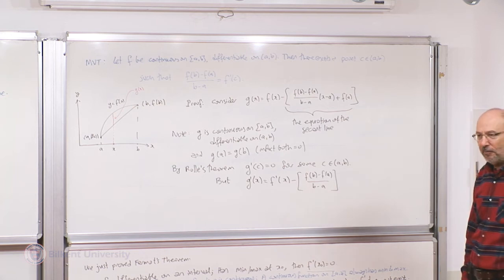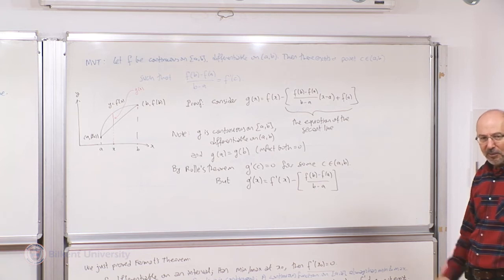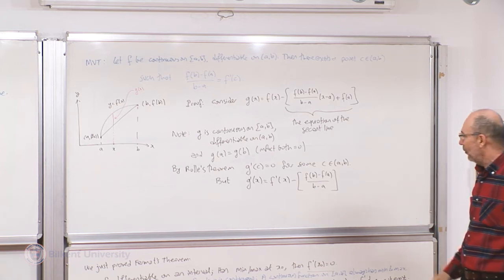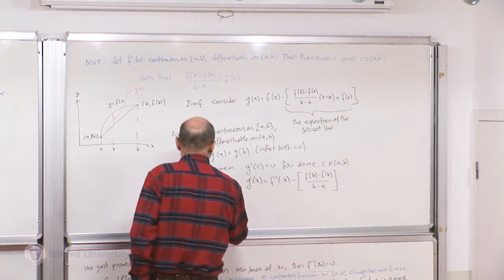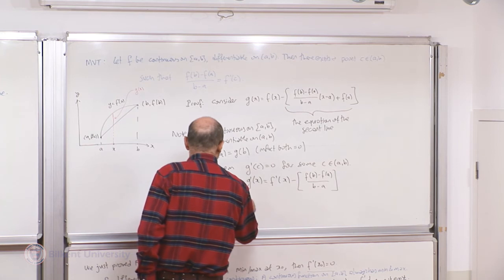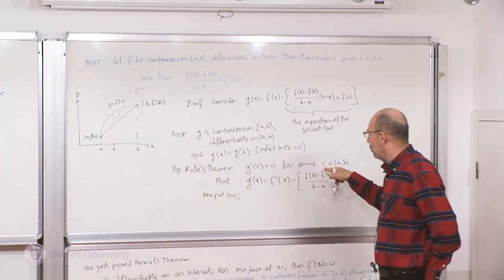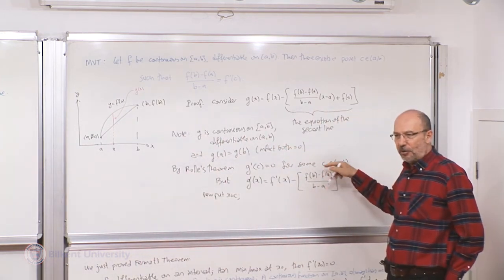This is the derivative. Okay, so suddenly the problem resolved itself. We didn't do anything. Now put x equals c. Okay, we found this c here. We don't know where it is.